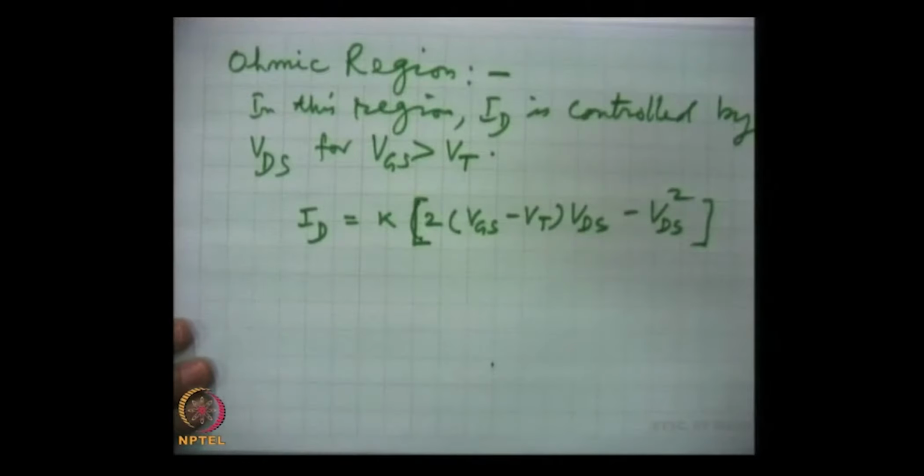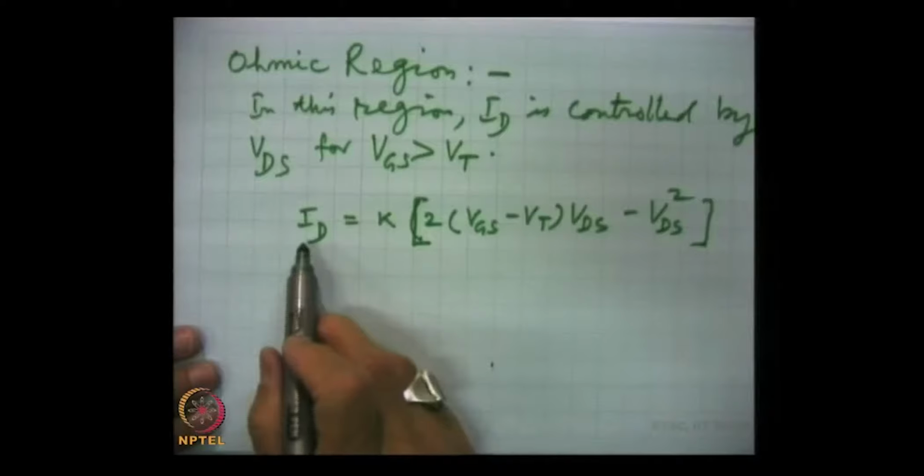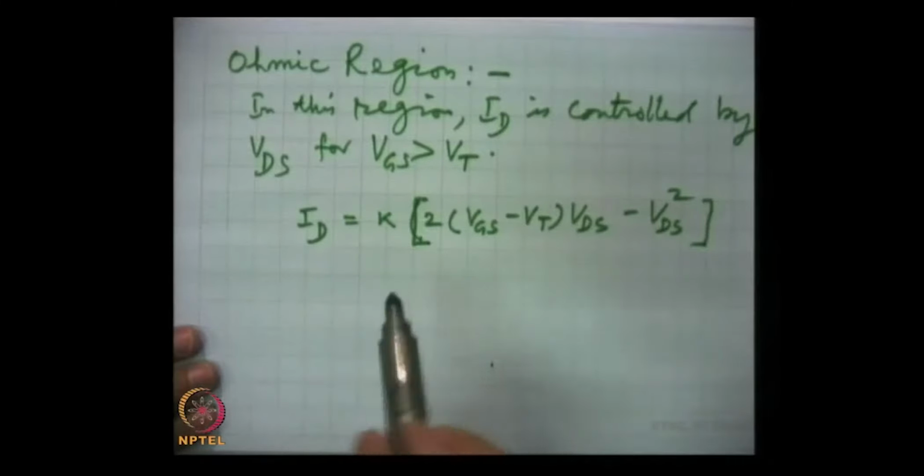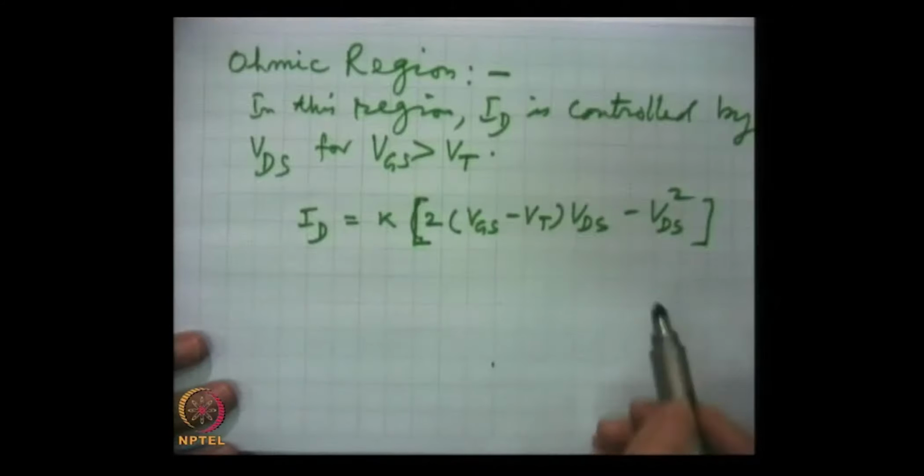This is the expression which gives the dependence of drain current on VDS in this region.